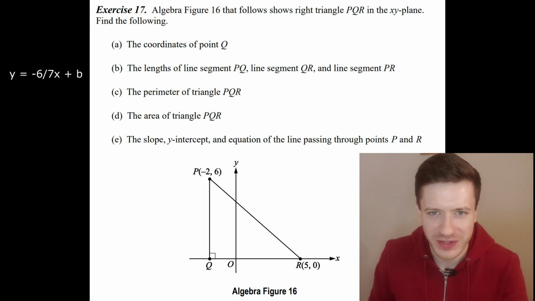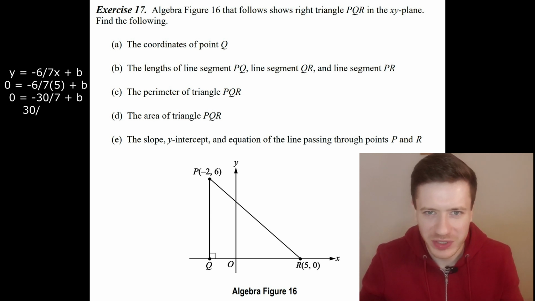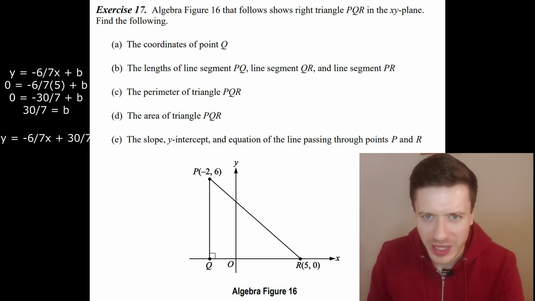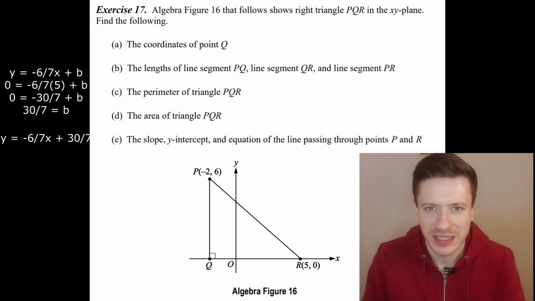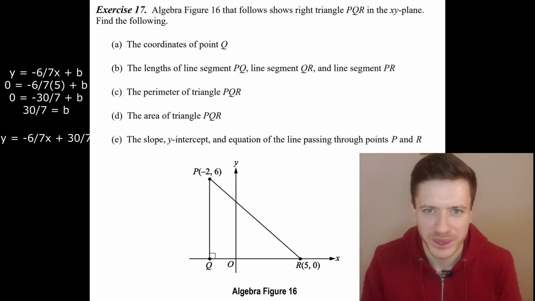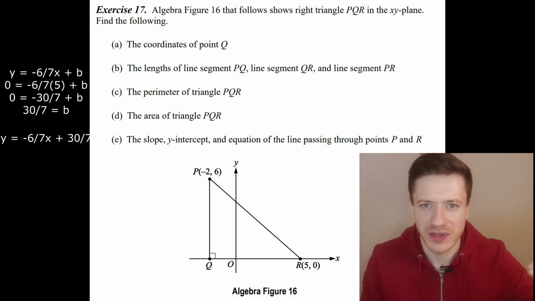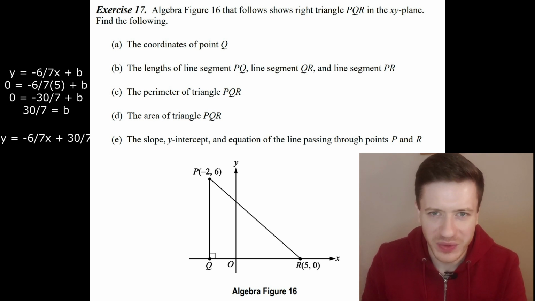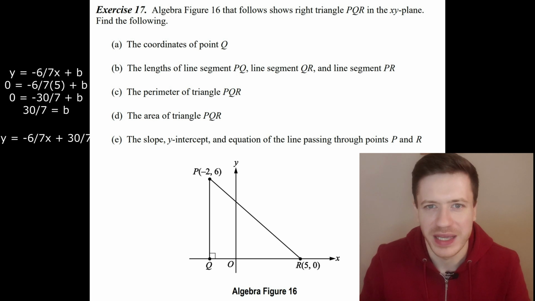Let's do 5 and 0, the coordinate on the right. It doesn't matter which coordinate we use, but that one looks easier. Replacing the x with a 5 and the y with a 0, we have 0 equals -6 over 7 times 5 plus b. -6 over 7 times 5 is -30 over 7 plus b, and pushing that -30 over 7 to the other side would give us +30 over 7 equals b. So we've found our y-intercept, our plus b, by inserting one of the coordinates into the equation.